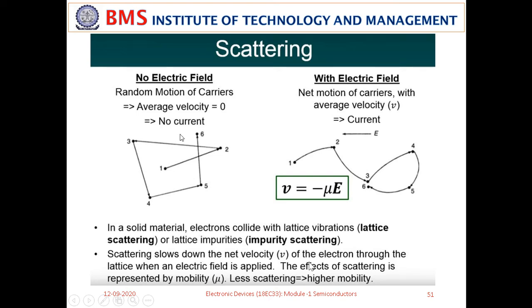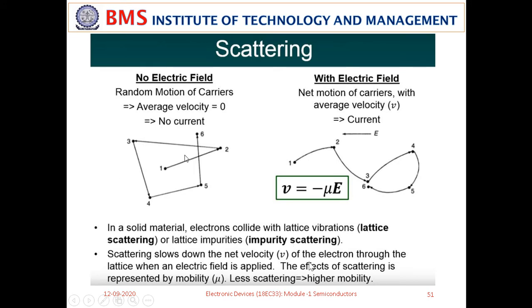There is no thermal motion, so the electrons start moving randomly because of the concentration gradient, and they hit different lattice atoms as we are seeing here. Given these two types of scattering we discussed: lattice scattering and impurity scattering.